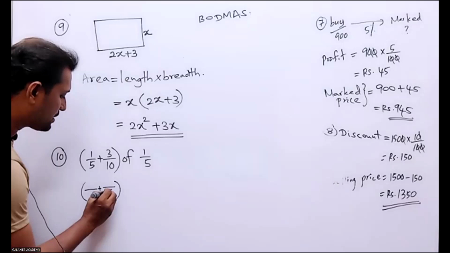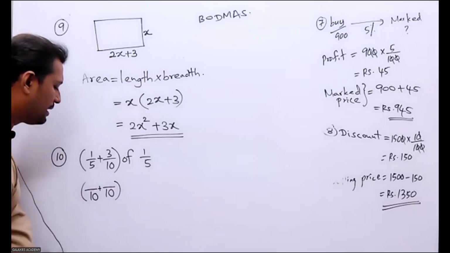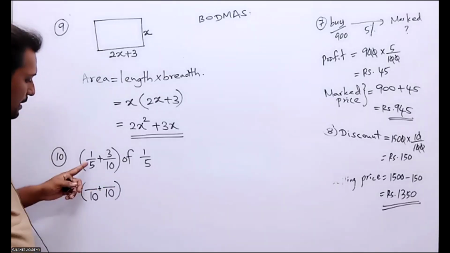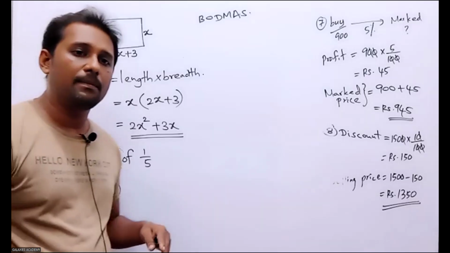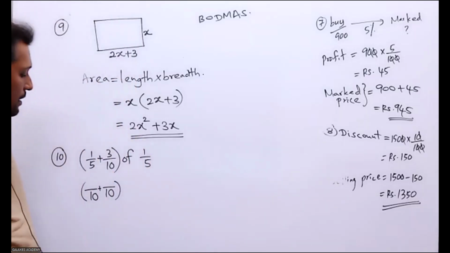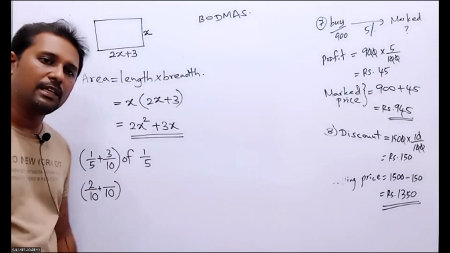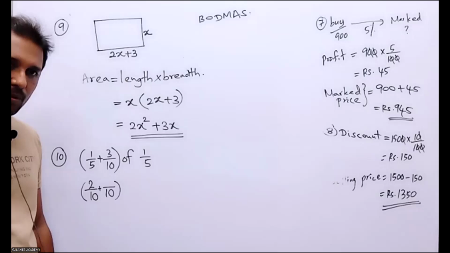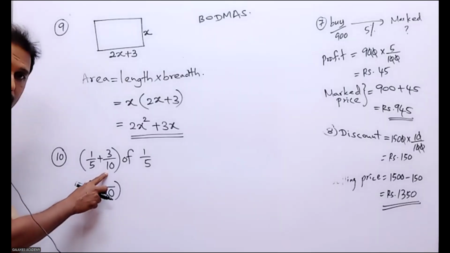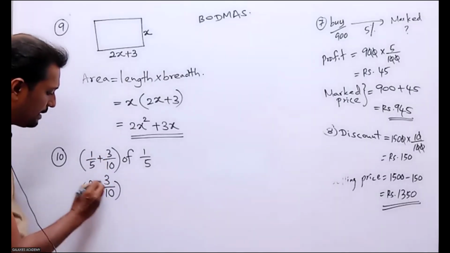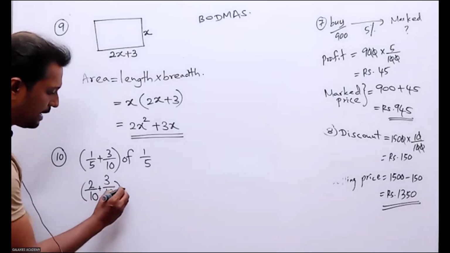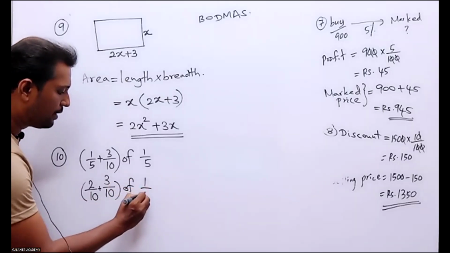So I can write both fractions with denominator 10. The first fraction you have to multiply by 2, then 1 times 2 is 2. The second fraction doesn't need to change because the denominator is already 10. So I can write it as 3 over 10, of 1 over 5.